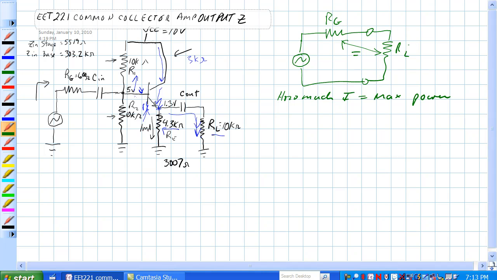You remove RL and you take an ohm meter and hook it up where RL was. So you take your ohm meter, hook up from here to here, your virtual ohm meter. How much resistance? This is what we call the output Z impedance of the circuit.